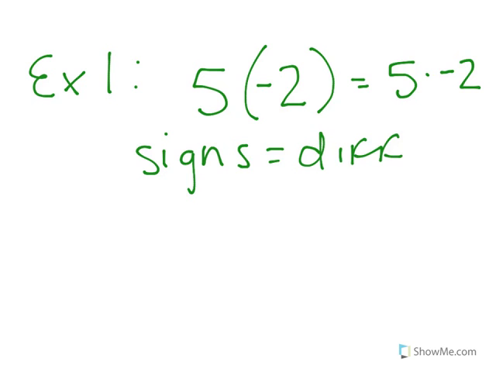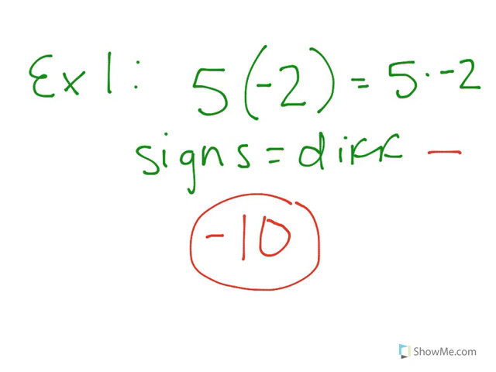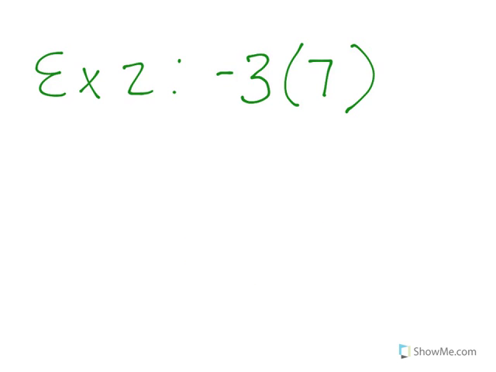I know the product is going to have to be negative. 5 times 2 is 10, and it has to be -10 because their signs are different. So that's my answer. As easy as that. Let's look at the next example.